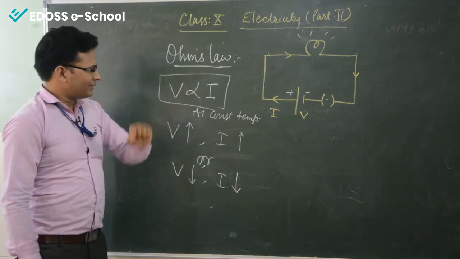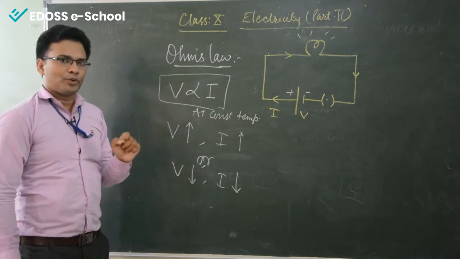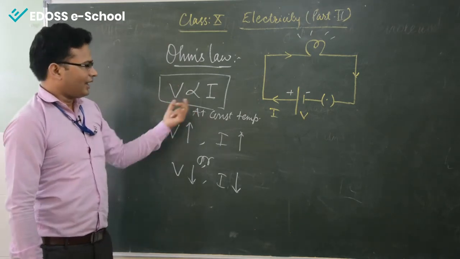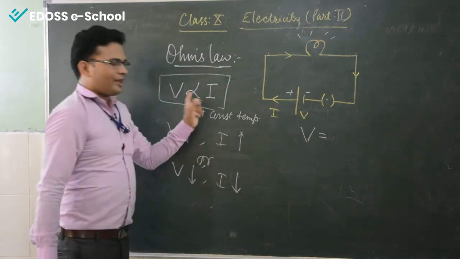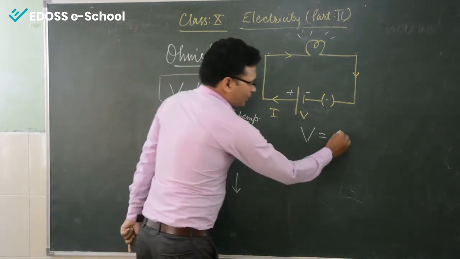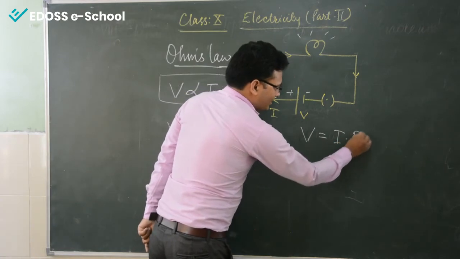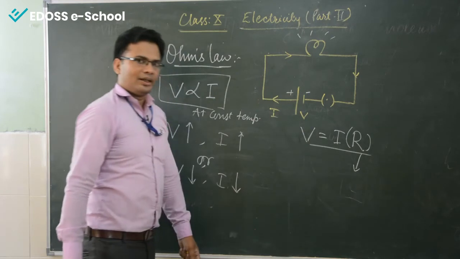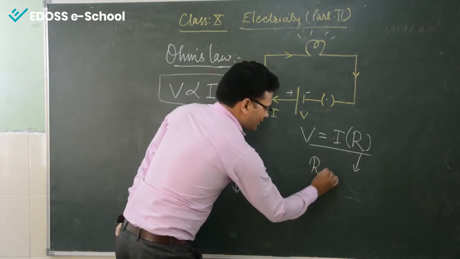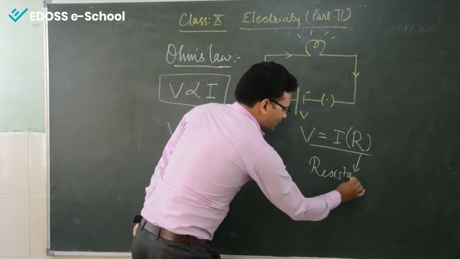Now for this symbol, as you can see, this is the proportionality sign. So we have an exact formula for this. To avoid this proportionality sign, we add one constant which is known as R. Namely, this R is known as resistance of the circuit.